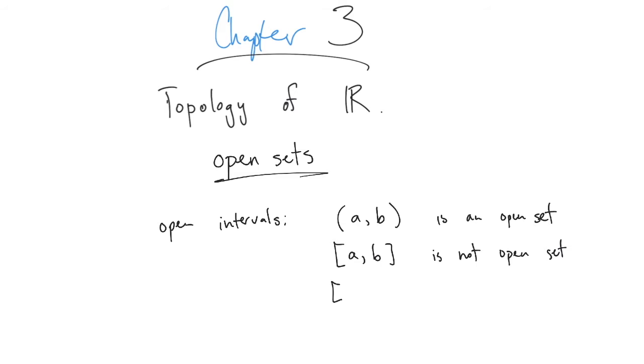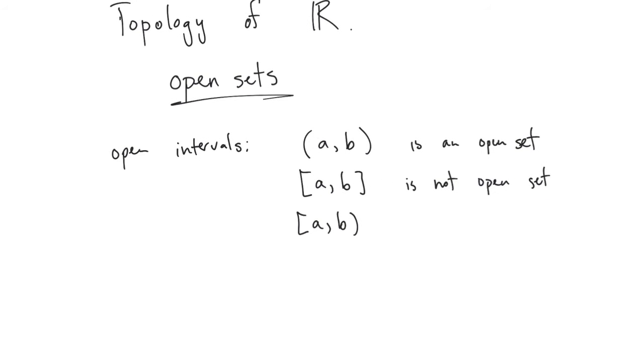Something like this is what they sometimes call a half open interval. This is not open or closed. So it is possible to be neither. Something like this, the interval from A up to infinity, an unbounded interval, according to our definitions, does still count as an open set. This is an open set.